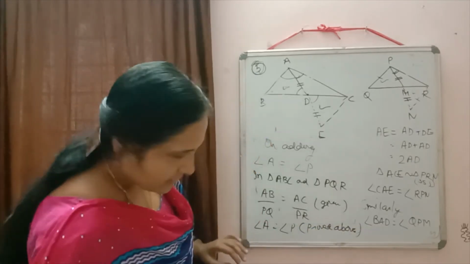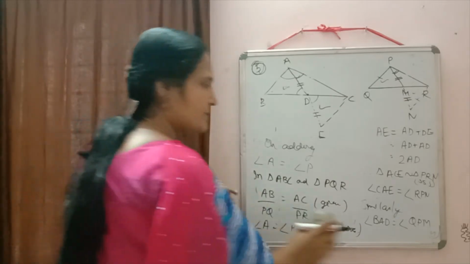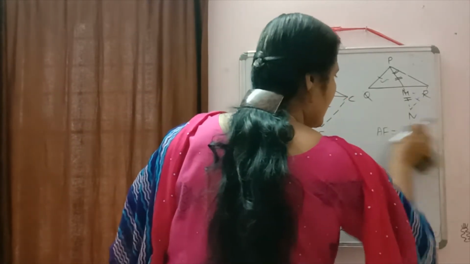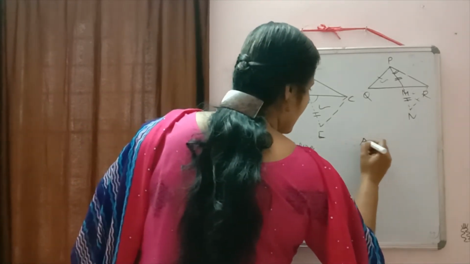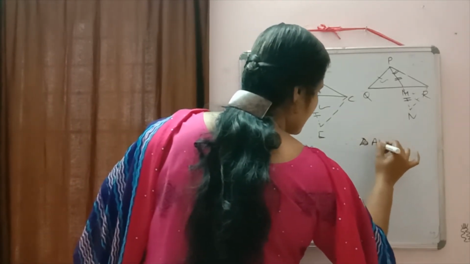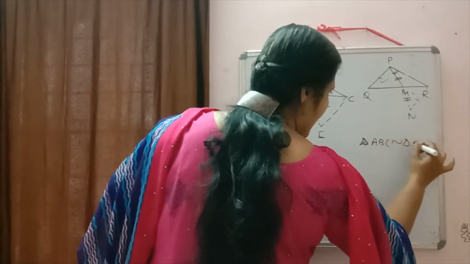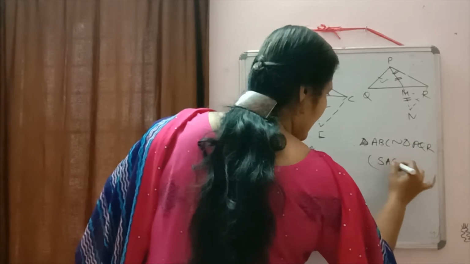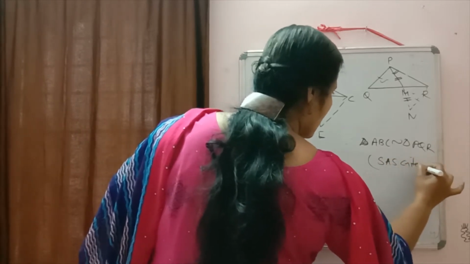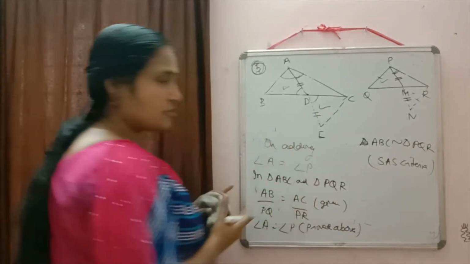So we proved the two sides are in the same ratio and the included angle is equal. Therefore, triangle ABC is similar to triangle PQR. By which criteria? SAS criteria.